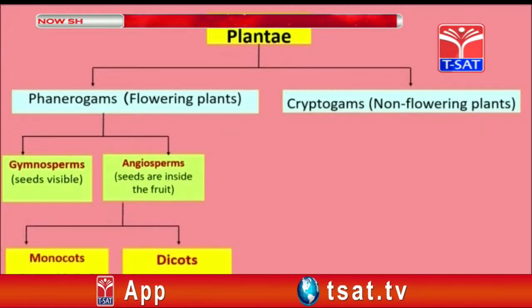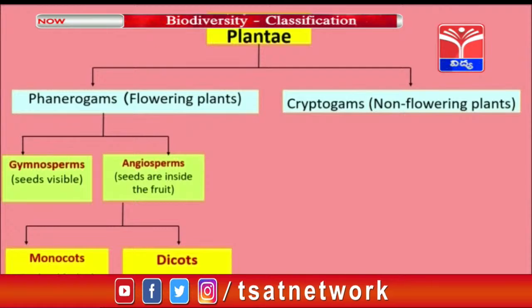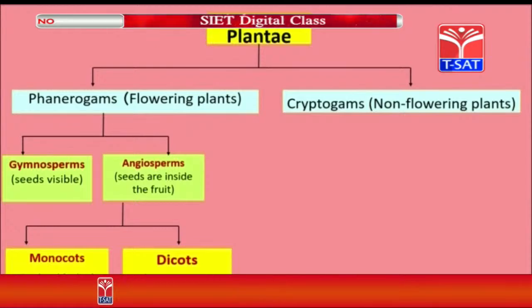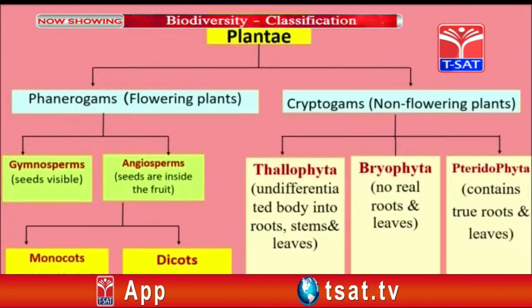Angiosperms are again classified into 2 groups. They are monocots and dicots. Monocots have only a single cotyledon, whereas dicot seeds have 2 cotyledons. The non-flowering plants are grouped into three categories.